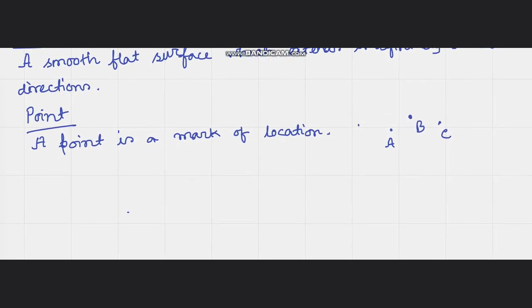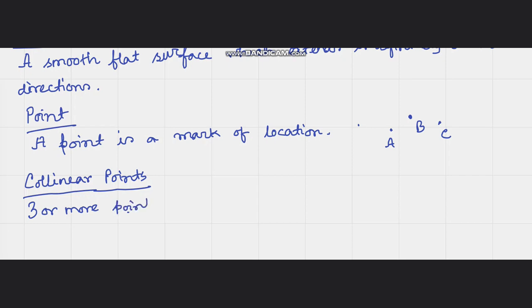Now let me show you what collinear points are. Collinear points are three or more points that lie on the same line.